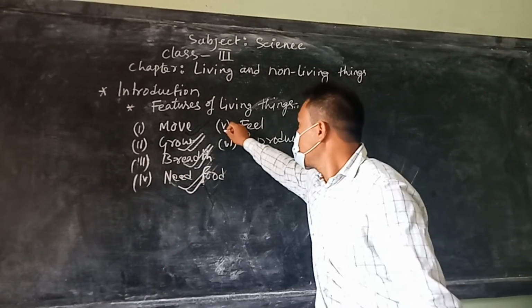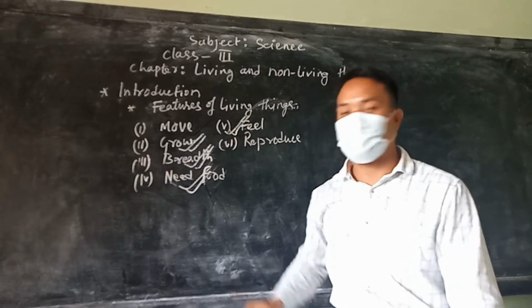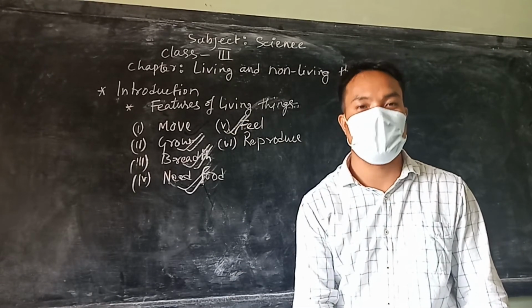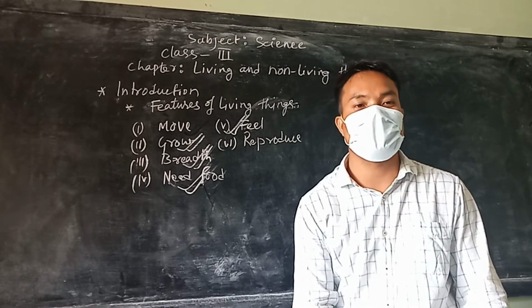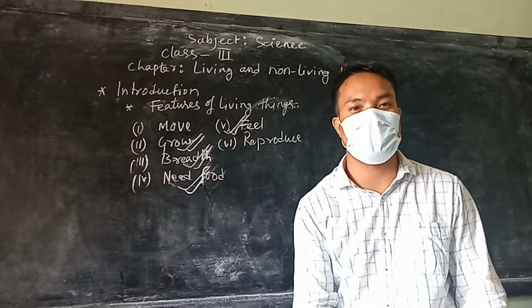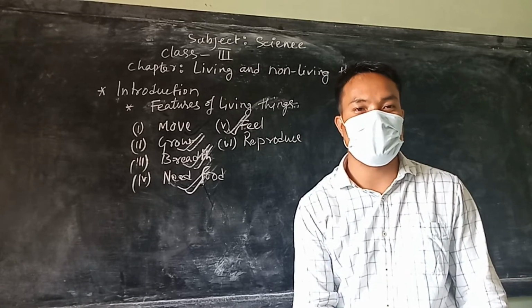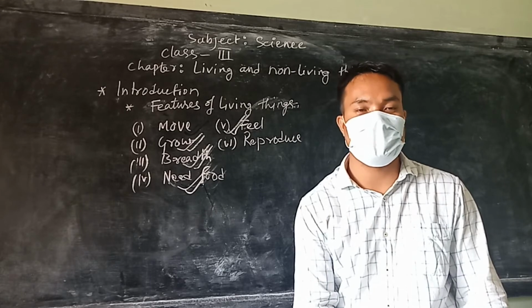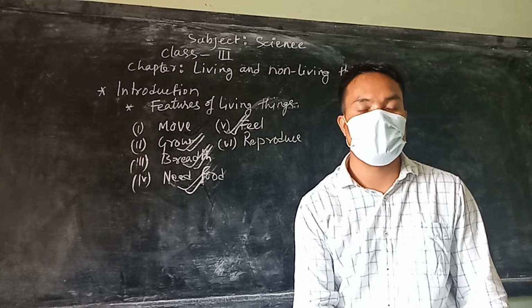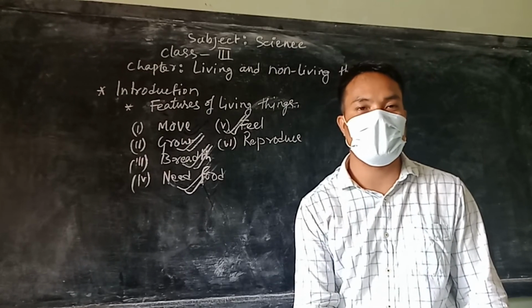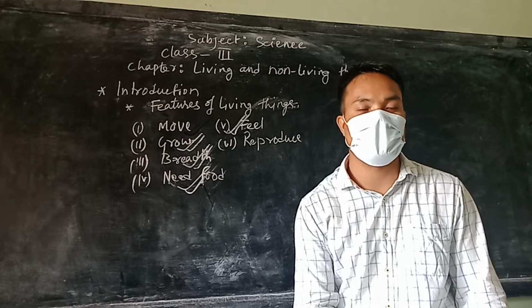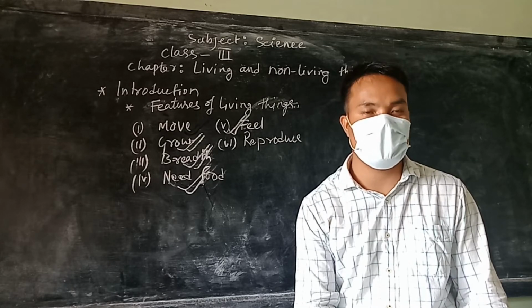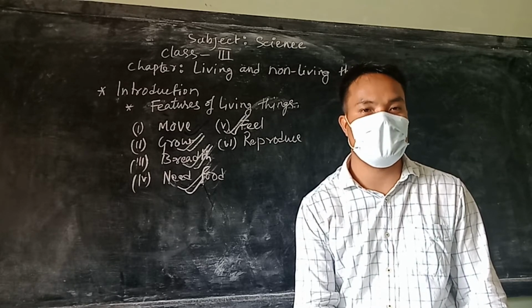Living things can feel, okay? We can feel changes around us like hot and cold weather. In the same way, animals and plants can also feel change. Most animals feel changes around them with the help of their organs. For example, eyes to see, ears to hear, nose to smell, tongue to taste, and skin to touch.